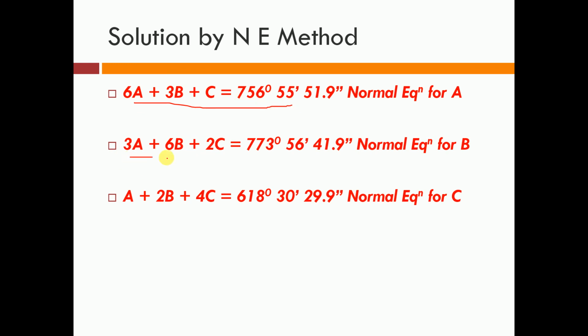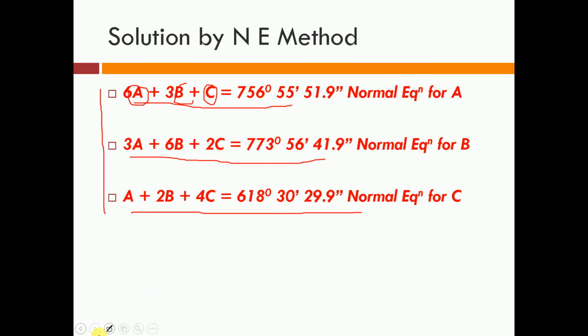This is the normal equation for B, a large number is involved, and this is the normal equation for C. Then you have to solve these three equations as simultaneous equations to get the values of the unknowns A, B and C. So the advantage of the method of differences, or the indirect method, is that it eliminates the large numbers.